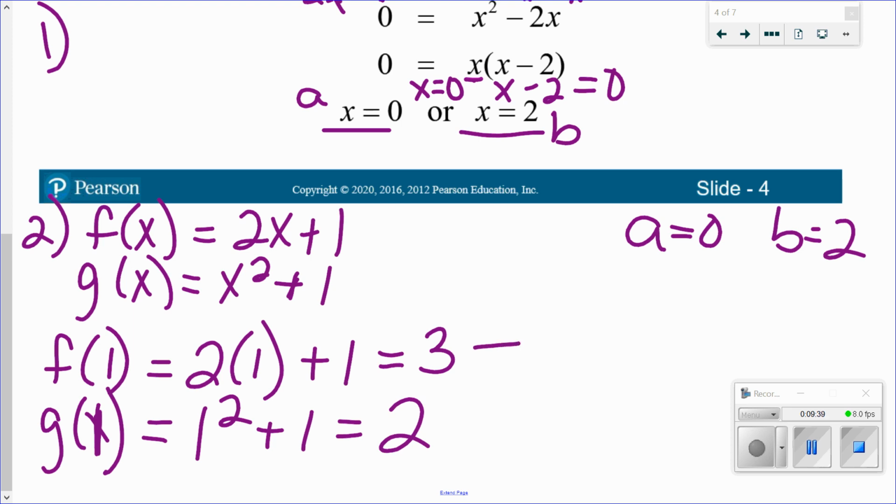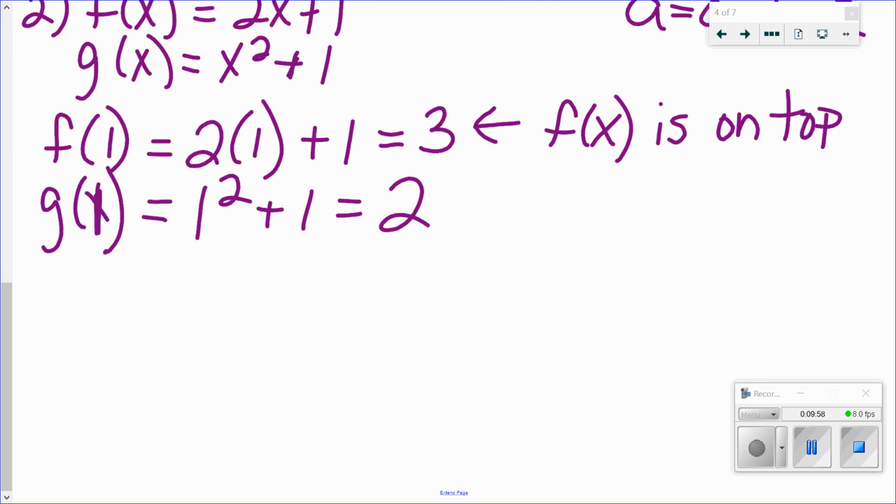Which number is bigger? Well, it is the 3, which tells us that f of x is on top. If you do not identify the correct function as being on top, the answer will not be correct.